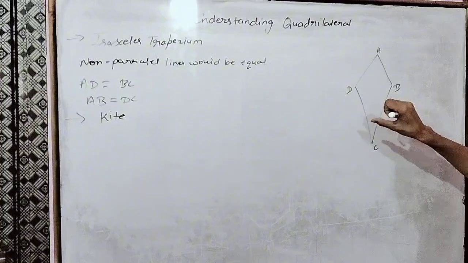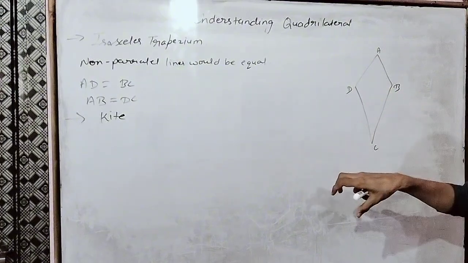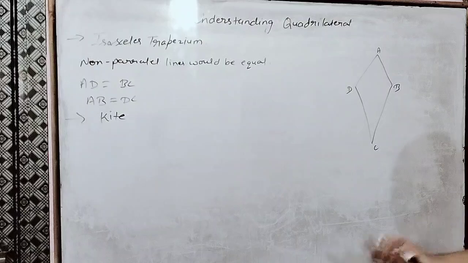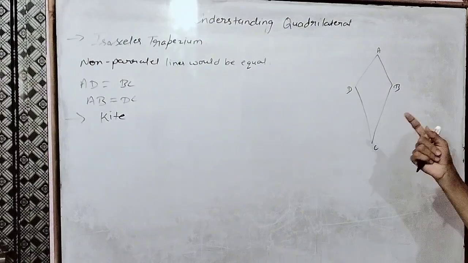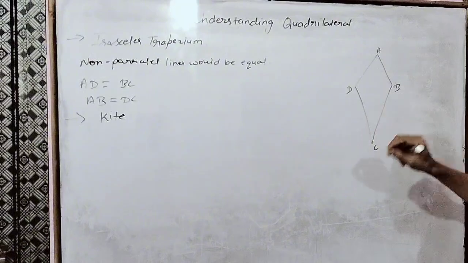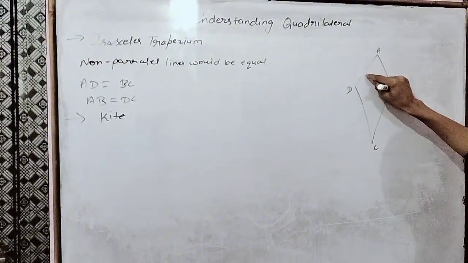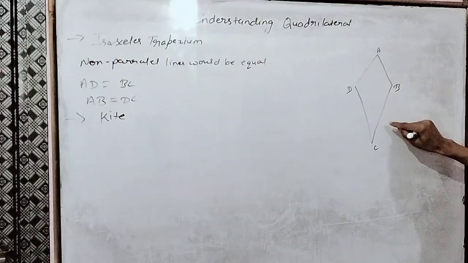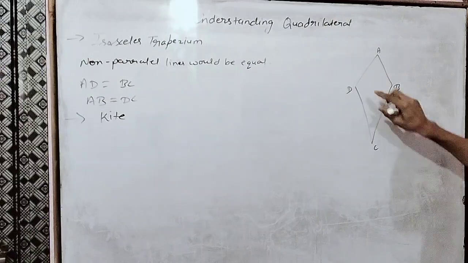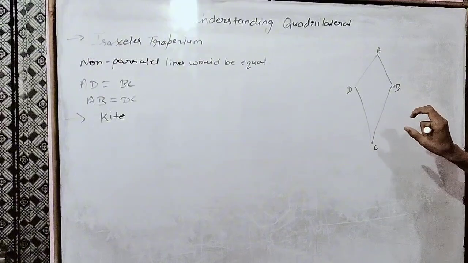But here, all sides of a kite polygon are not equal. But adjacent sides will be equal. So here AD, and just opposite this line is BC. This will be known as parallel lines.